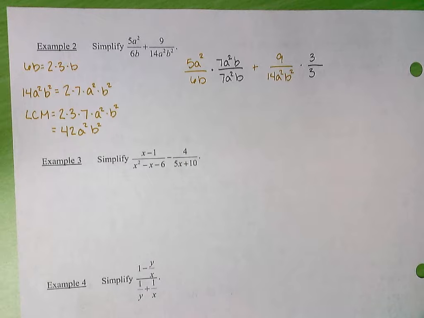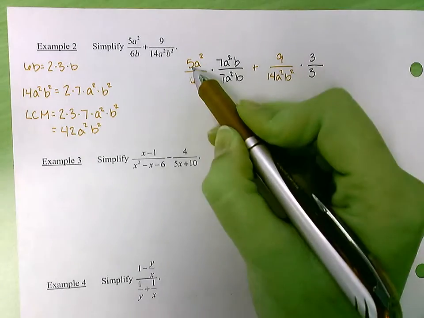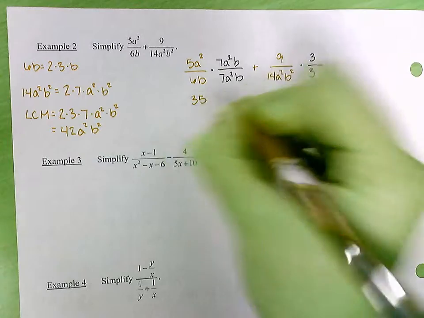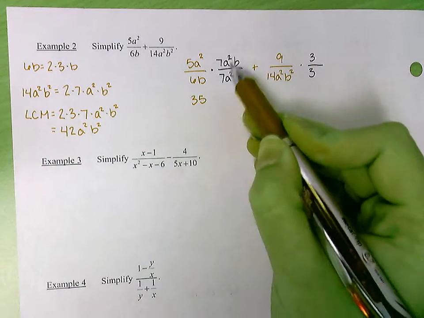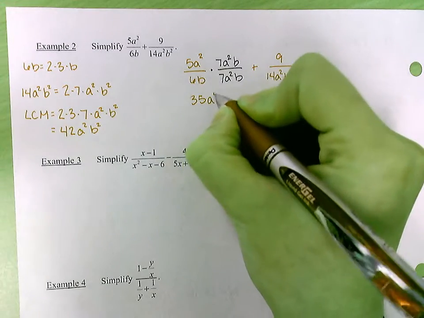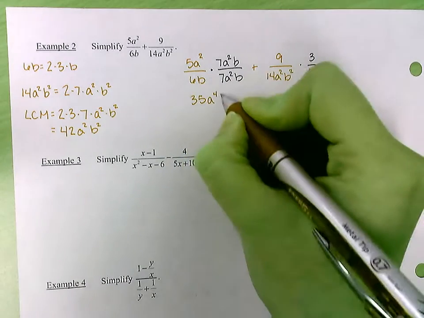Okay, so from here, I can just multiply. So I have 5 times 7. That's 35. I have a squared times a squared. That is a to the 4th. And then I still have this b.